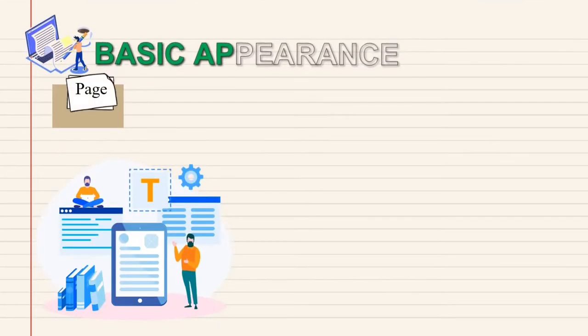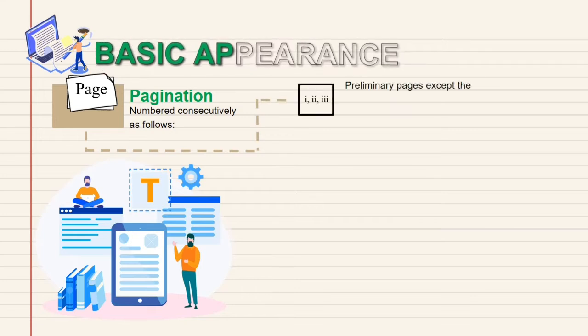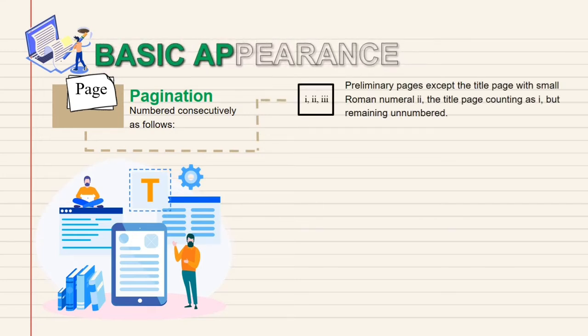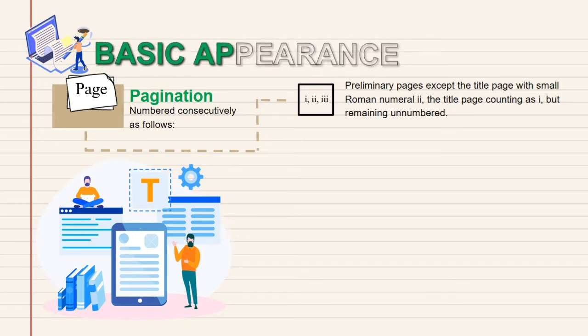Now let's proceed with the pagination. All pages must be numbered consecutively as follows. All preliminary pages except the title page must be numbered. Begin the numbering with the small Roman numeral 2, the title page counting as 1 but remaining unnumbered.